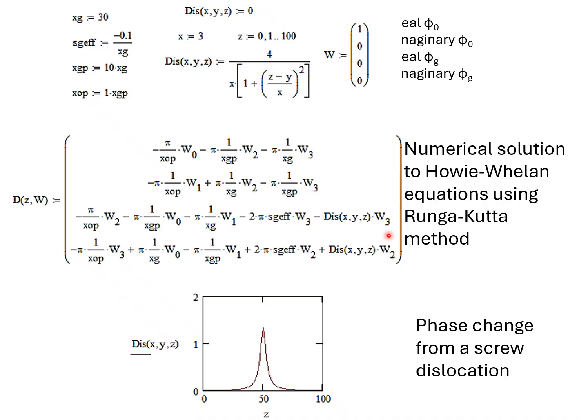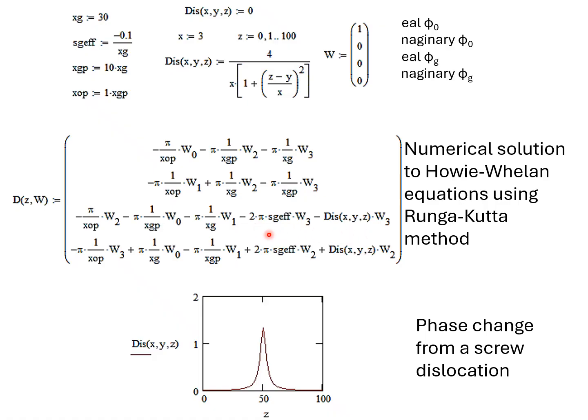These parts contain the effect of the dislocation. In this particular case, sorry, I've included a dislocation, and this is the equation that defines the rotation of the dislocation planes, the effect the strain from the dislocation has on the phase factor.